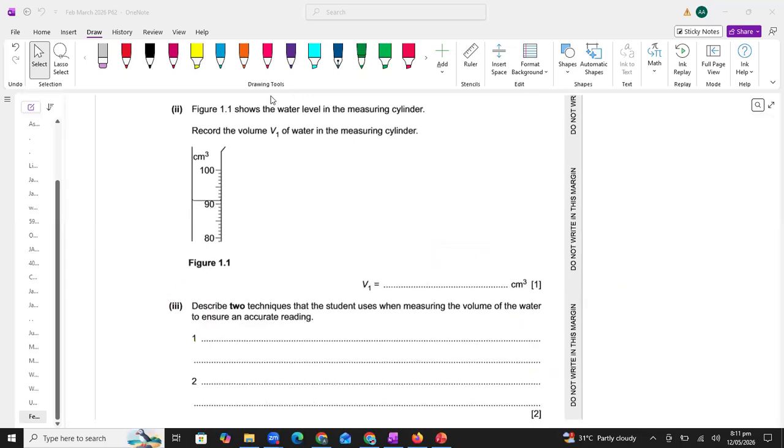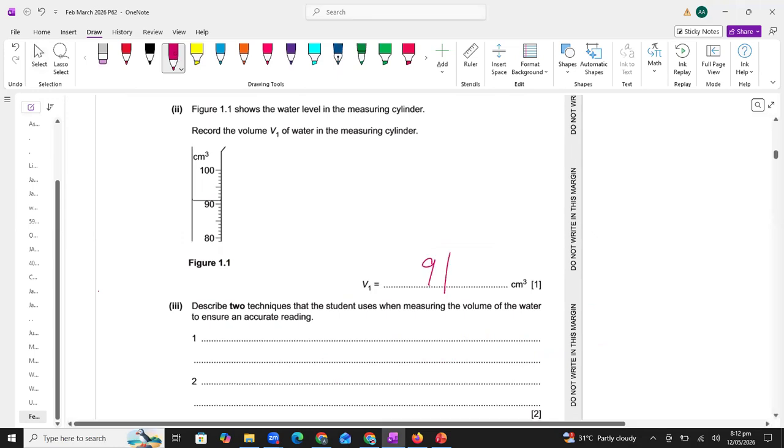When we talk about the water level, do we have to read the lower meniscus or the upper meniscus, students? Well done. We have to read the lower meniscus, and the lower meniscus is giving us the reading 91. 91 centimeter cube is the reading of the lower meniscus.